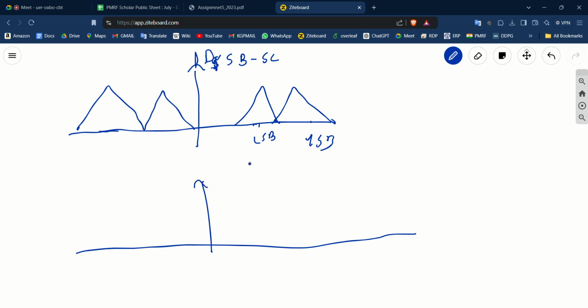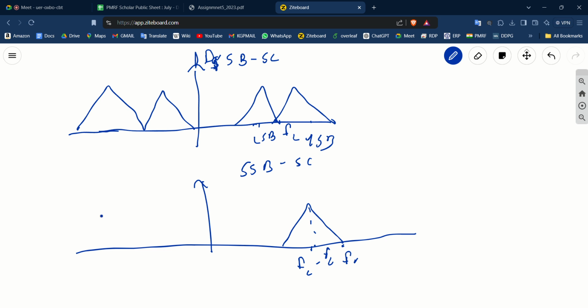For SSBSC, only one, say the lower sideband, is present. If this is FC, the carrier frequency, the carrier is suppressed and only the lower sideband is present, and this is FC minus FL.